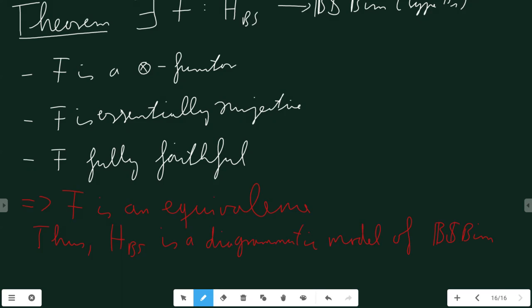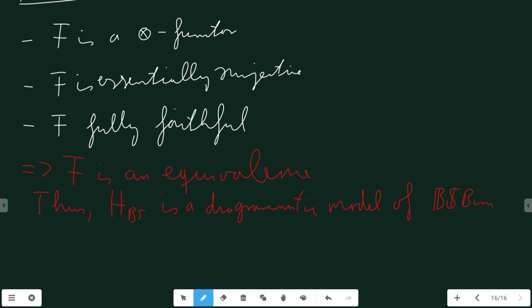And if you remember how SBIM was defined, then it's also a diagrammatic model. The way to go from here to here was just taking direct sums, and the second funny symbol is my symbol for direct sums.